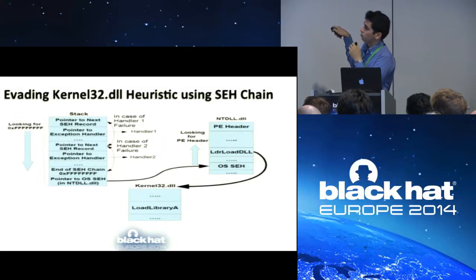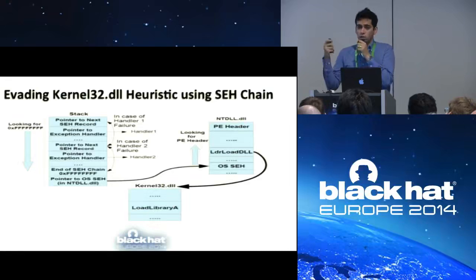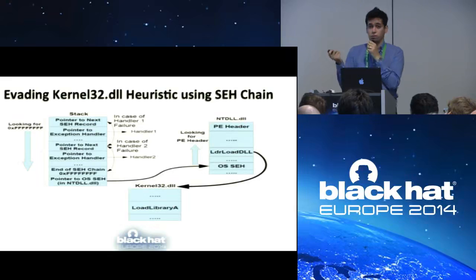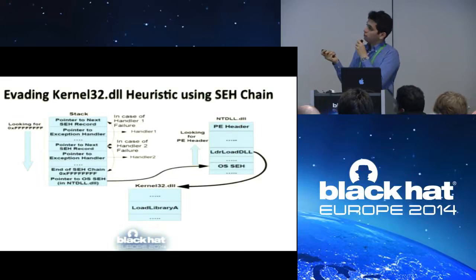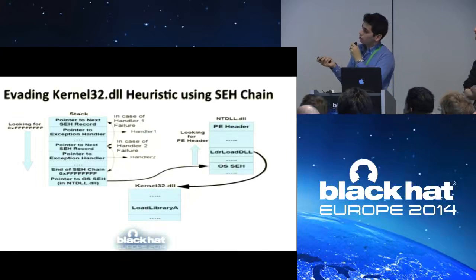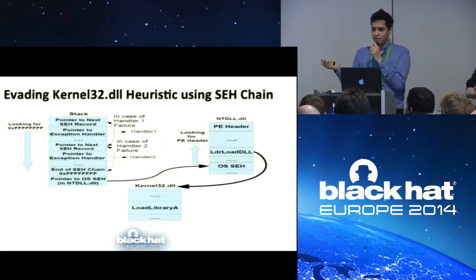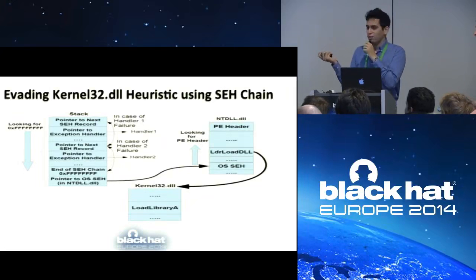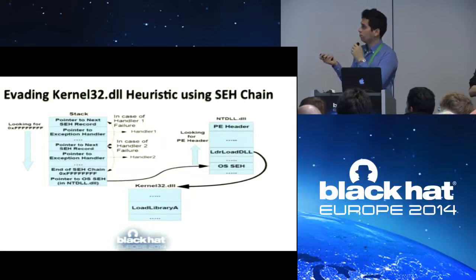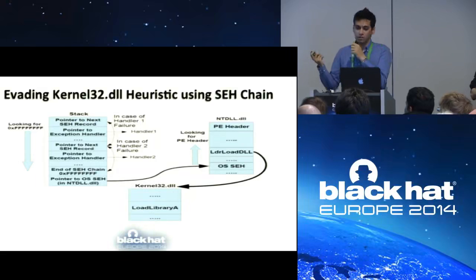And once you call LdrLoadDll, you can load any DLL you want, including kernel32.dll, which is NIMU's heuristic, for example, for detecting your shellcode. So if you do that, you can load kernel32, and as a result, you can call LoadLibraryA, and as a result, you can call any other API you want, and NIMU can't detect it. If you directly try to resolve kernel32.dll, NIMU detects it and your shellcode gets flagged, but if you use this technique, it doesn't get detected.